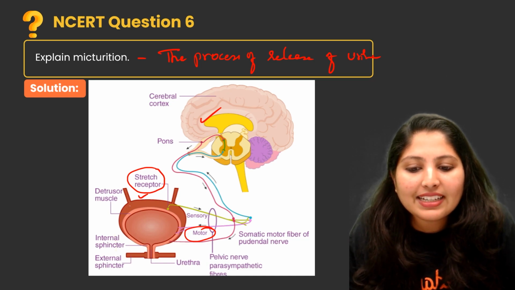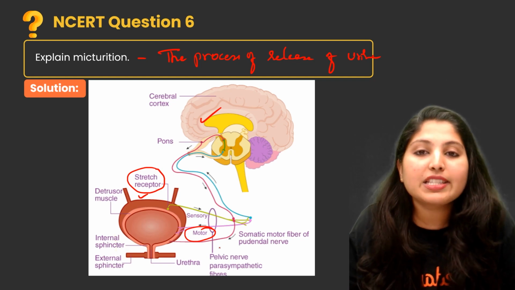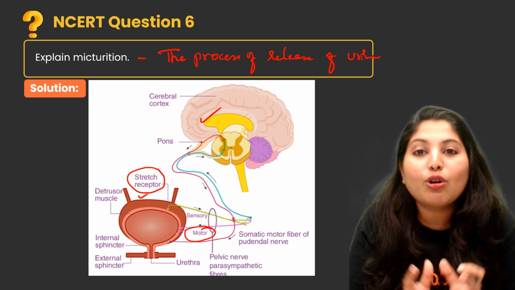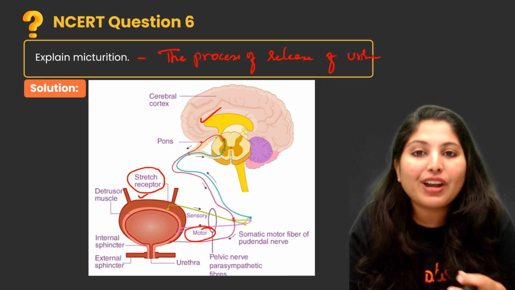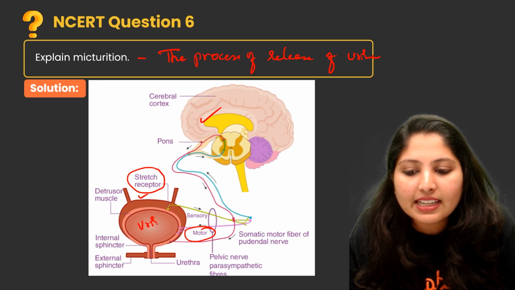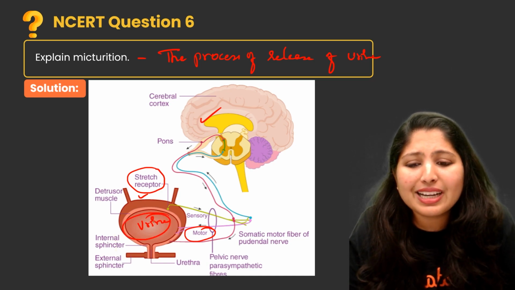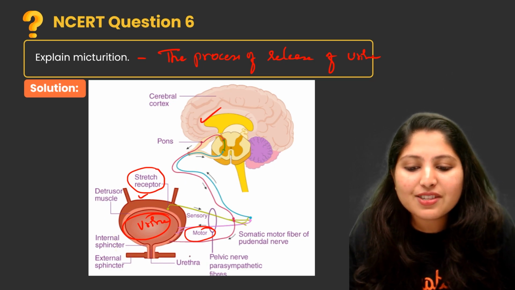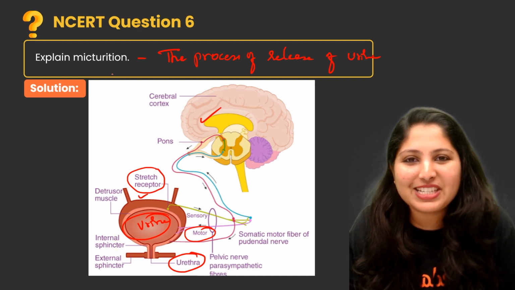The bladder contains smooth muscle. This smooth muscle is going to contract and relax. When this contraction and relaxation happens, the urine present in the urinary bladder will be released out through the urethra. So this is known as micturition.